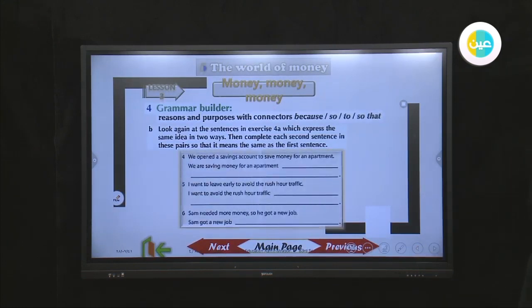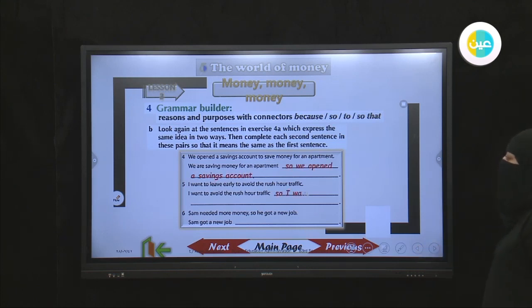Here, in exercise 4a, express the same idea in two ways. Then complete each second sentence in this pair. We opened a saving account to save money for an apartment. We are saving money for an apartment. So I will complete it: we opened a saving account.